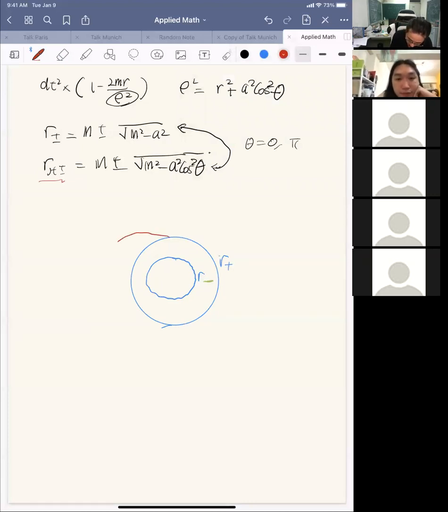Let me use another color. So let me call this r_h plus. And then there's, of course, r_h minus, which will be smaller than the inner horizon, and therefore it's going to be something that looks a little bit like this.